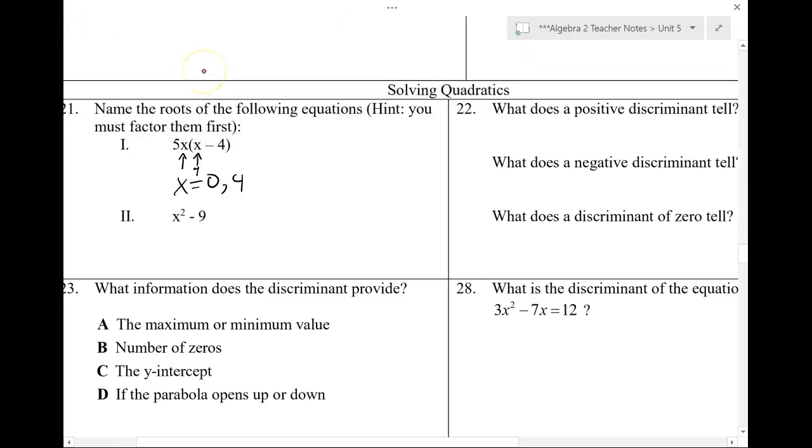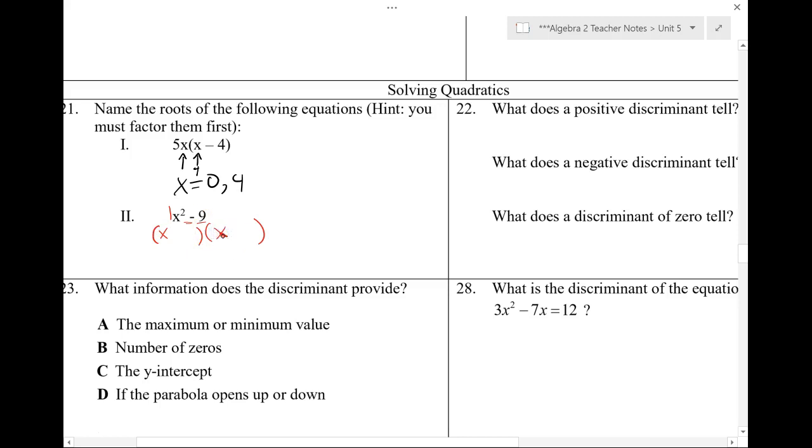Okay, so now the second one we actually are going to have to factor. Let's make our binomials. And I know that when I have a perfect square in the front, which is 1, and a perfect square on the end, which is 9, and there's a minus in the middle, all I have to do is take the square root of the first one, which is 1, and that becomes our first term next to x.